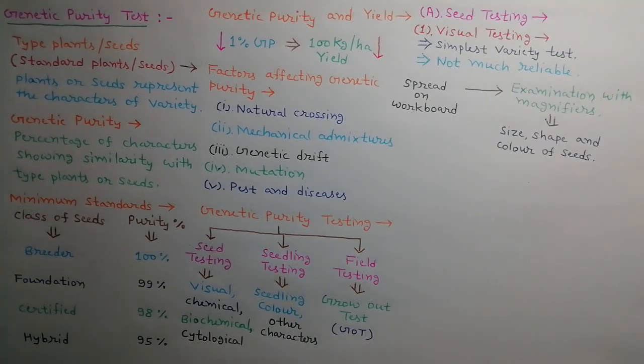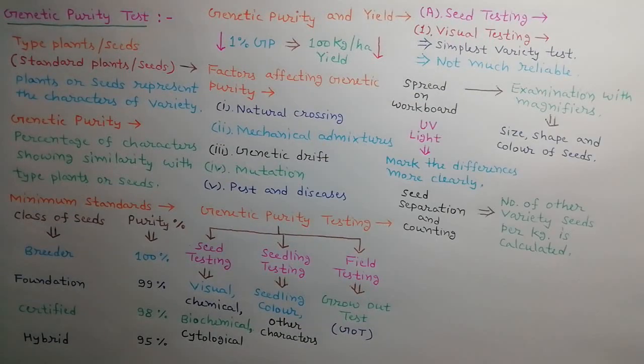In this method, the seeds are spread over the workboard like in physical purity analysis, and the seeds are examined directly or with the help of magnifiers on the basis of size, shape, and color. The seeds of other varieties distinguishable from the variety under consideration are separated and their number per kg of the seed is calculated.